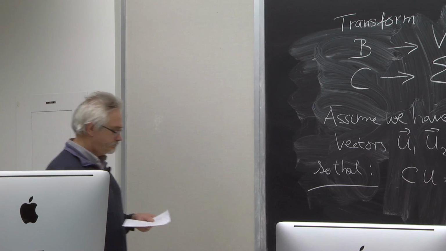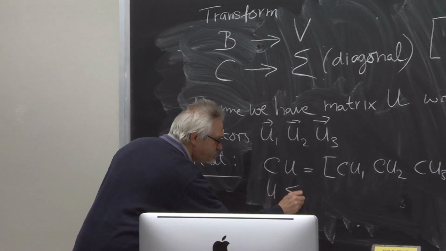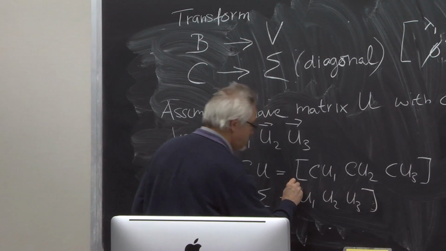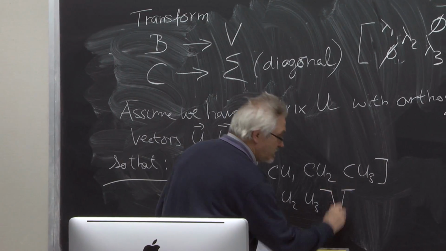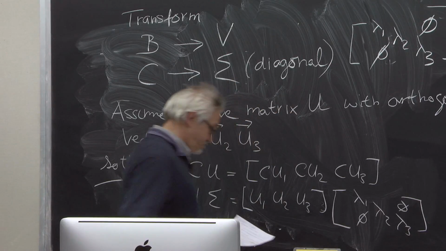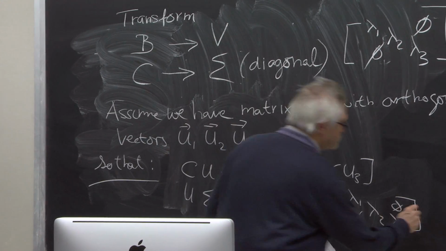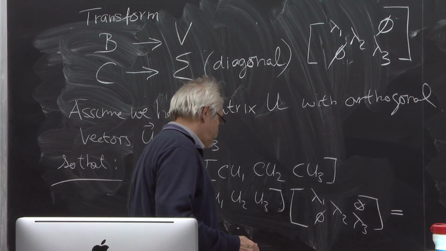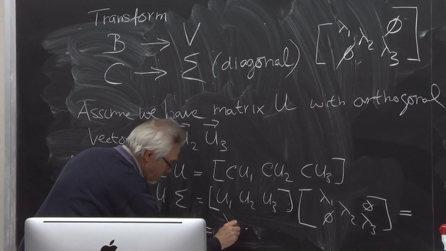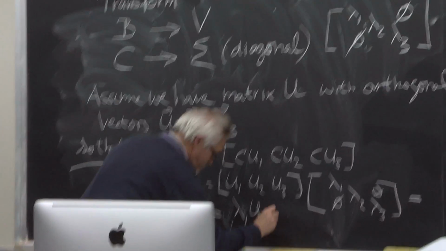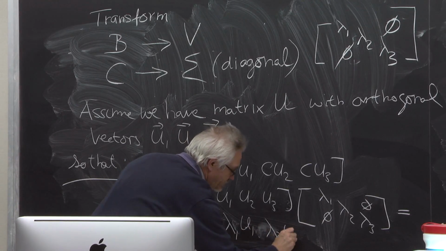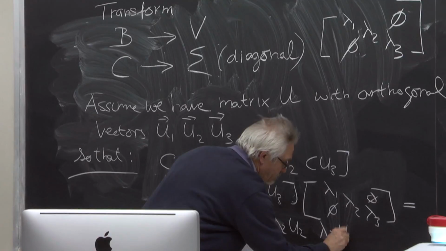And the other thing that we want is that U sigma, which is again U1, U2, U3, times sigma, which we had said was lambda 1, lambda 2, lambda 3, and 0 elsewhere, would now become lambda 1 U1, lambda 2 U2, and lambda 3 U3.